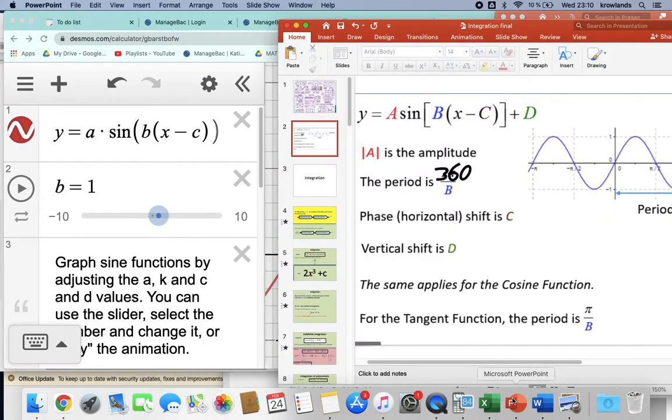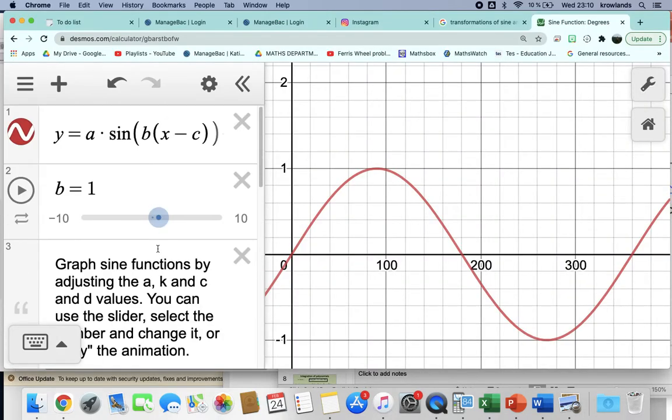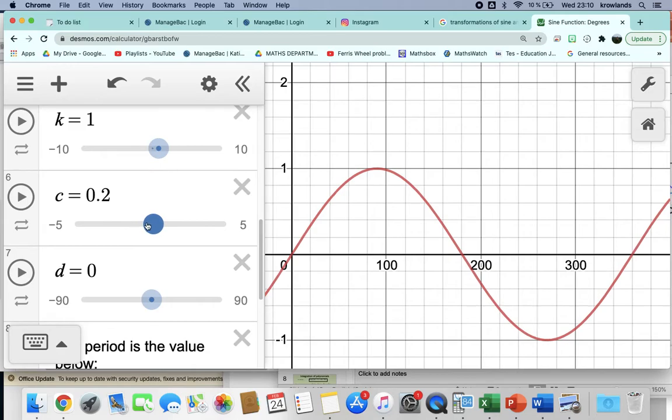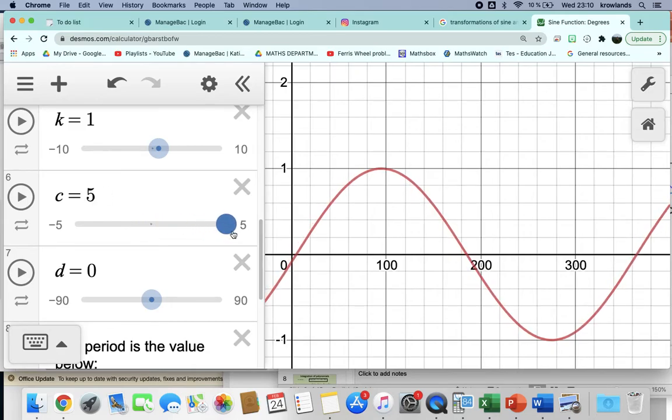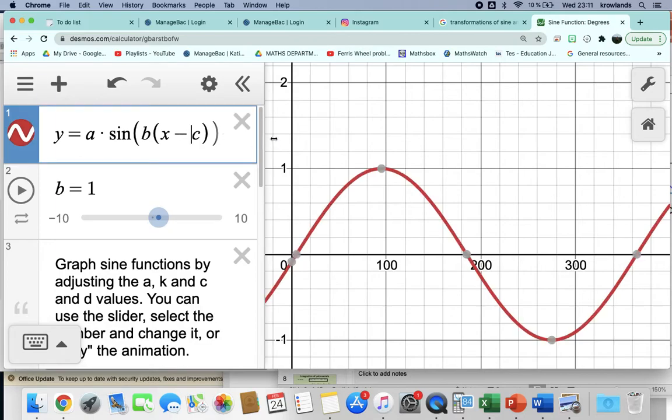Now, the next thing we're going to have a look at is the C. This involves how much we're shifting the graph, left and right. Again, this is counterintuitive.